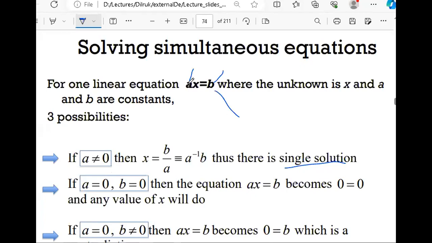Let's assume a is equal to 0, but b is not equal to 0. We are dealing with real numbers, and 0 is the additive identity.